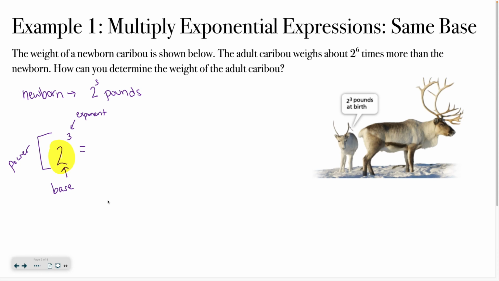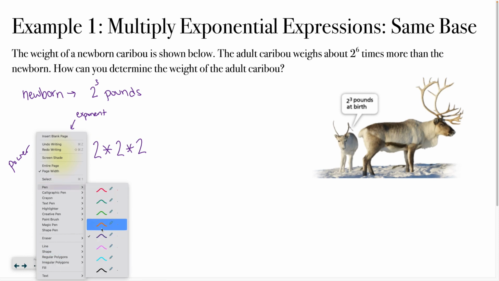And let's recall that 2 to the 3rd power is the same as saying 2 times 2 times 2, right? It's saying I have the number 2 and I'm multiplying it 3 times. Be careful not to just say 2 to the 3rd power is the same as 2 times 3, because that's false. It is not 2 times 3.